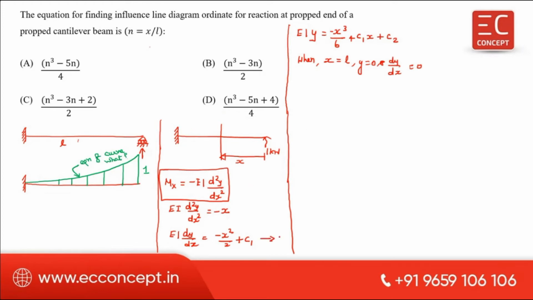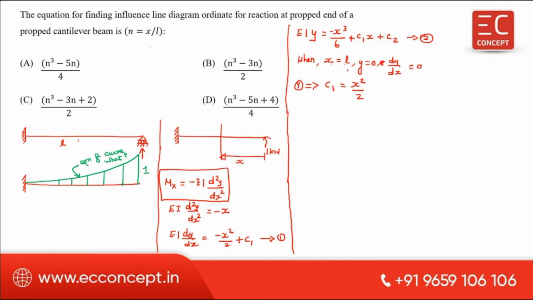Therefore this is equation number 1, and this is equation number 2. Equation number 1 implies if you substitute x equal to L, dy by dx equal to 0, then C1 is equal to L square divided by 2.